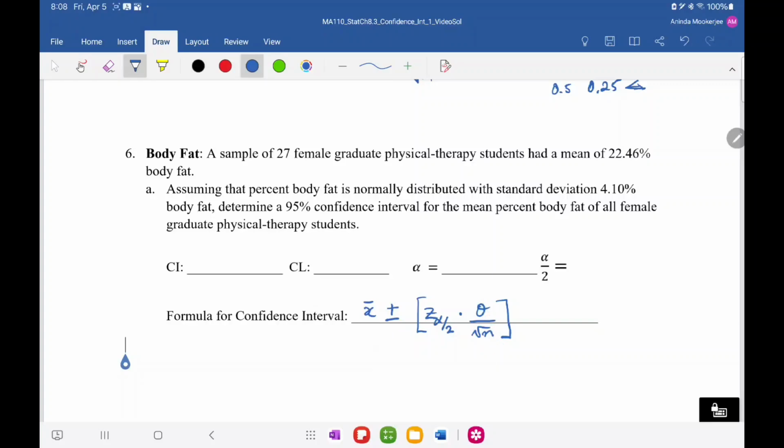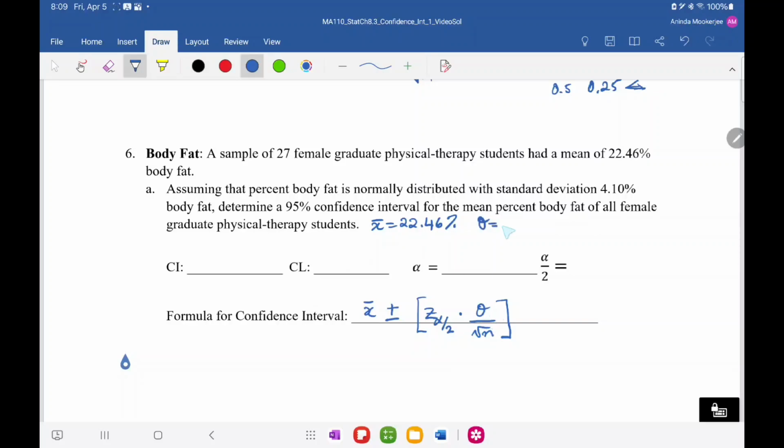Do we know x bar? All right, so it says here a sample of 27 female graduate physical therapy students had a mean of 22.46% body fat. So that's the sample mean. It's the sample mean based on the measures of 27 female graduate physical therapy students. All right, so I'm going to write here for x bar, it's 22.46%. All right, then we need to know sigma.